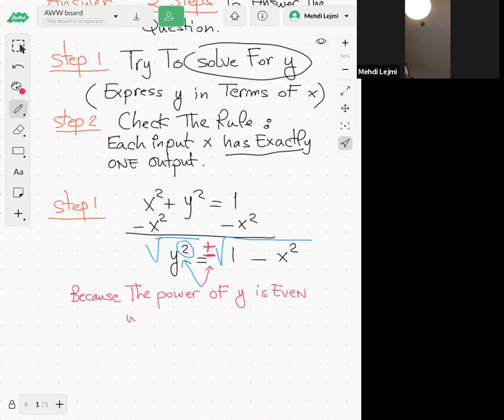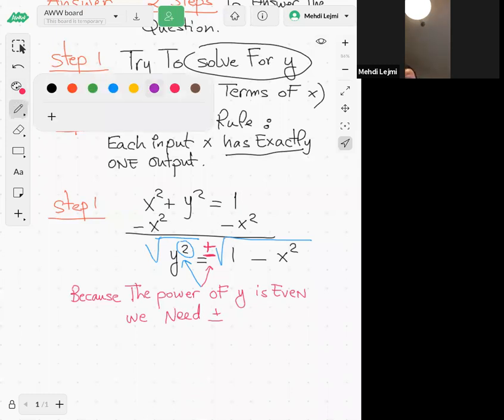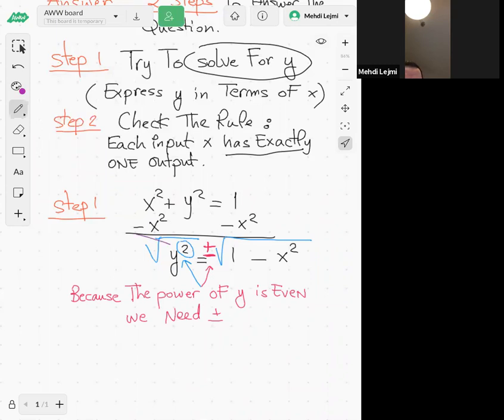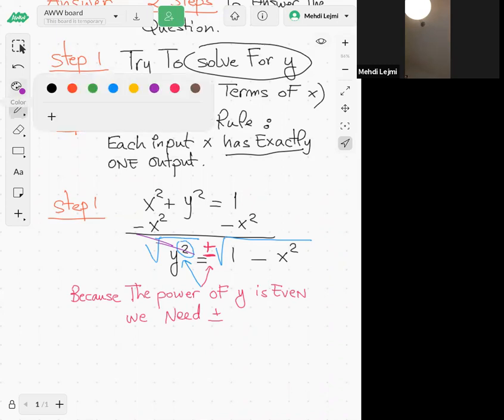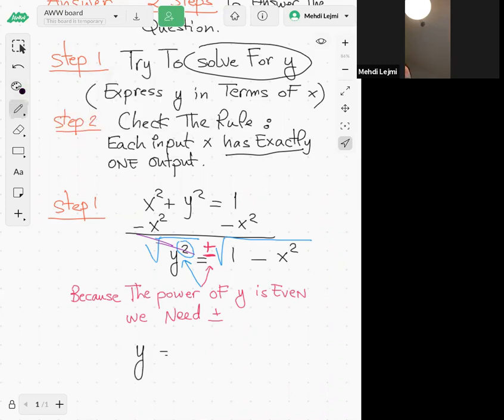In this case, here's your square root and the square, they cancel out, and so y would be plus or minus the square root of 1 minus x squared.